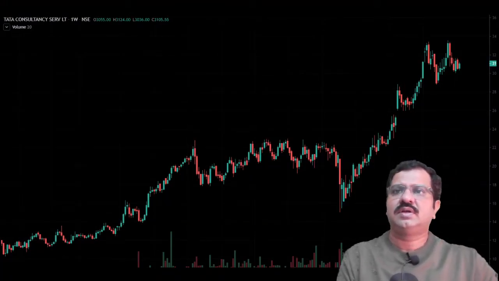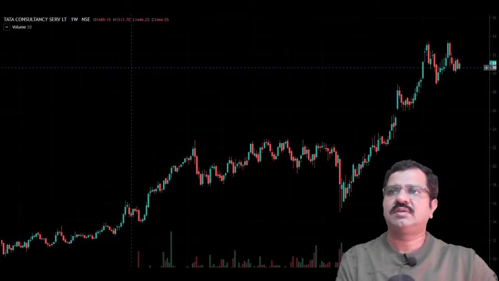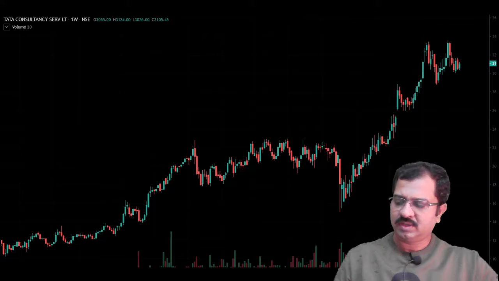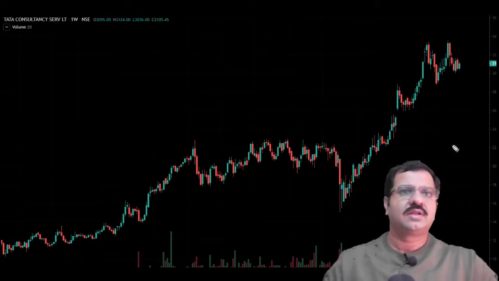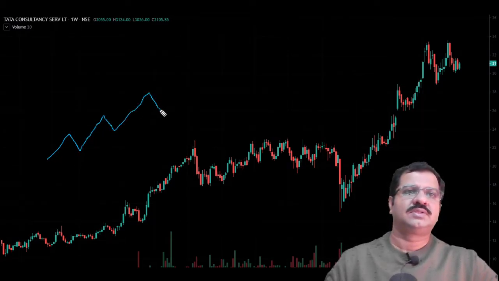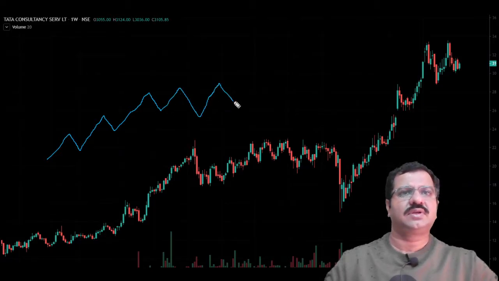Now let me mark a chart here. Suppose this is a price chart. This is an uptrend chart, or we can draw anything like this.